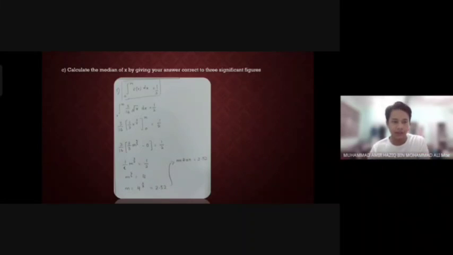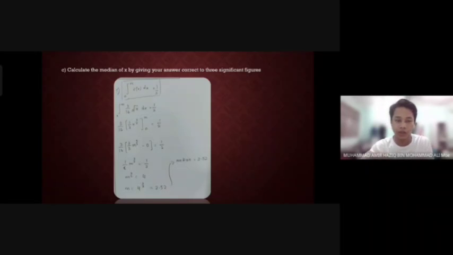Okay, next question is C. The question asks, calculate the median of x, giving your answer correct to 3 significant figures. This is the formula to find the median: the integral from 0 to m of f(x) dx is equal to 1 over 2. As we all know, median is half, which is the same as 1 over 2. So 0 to m is the median.